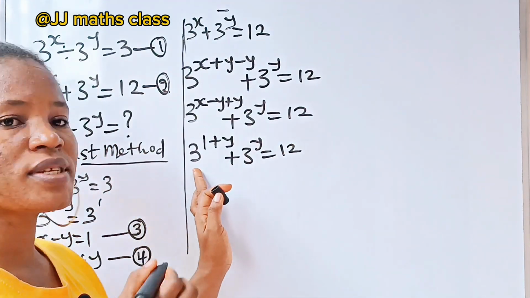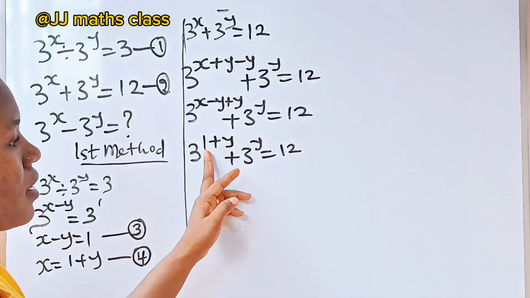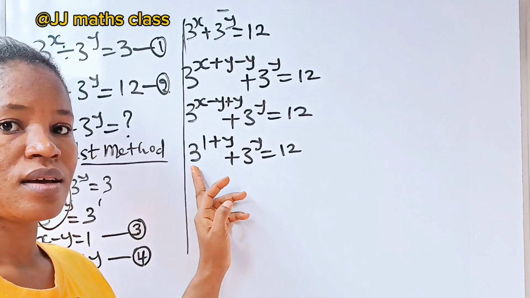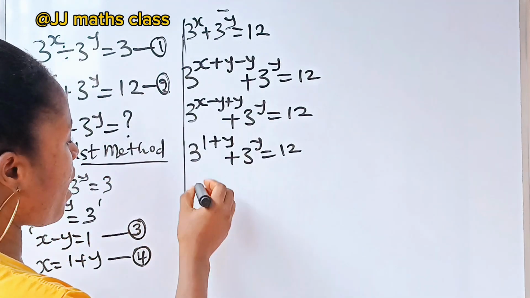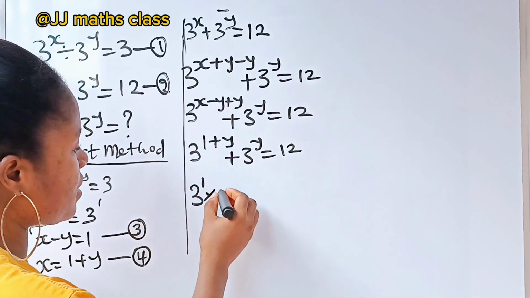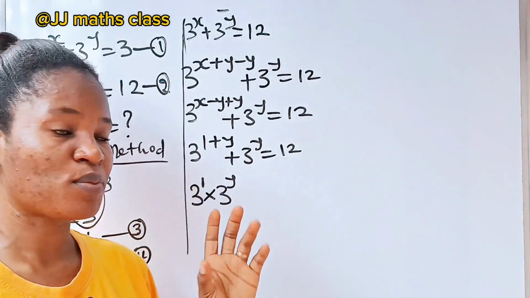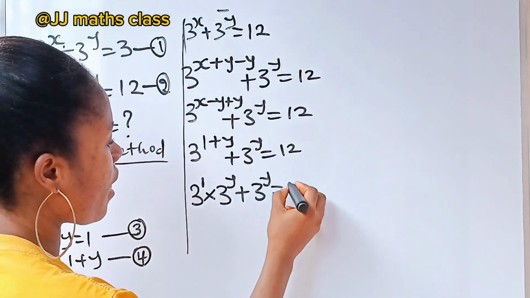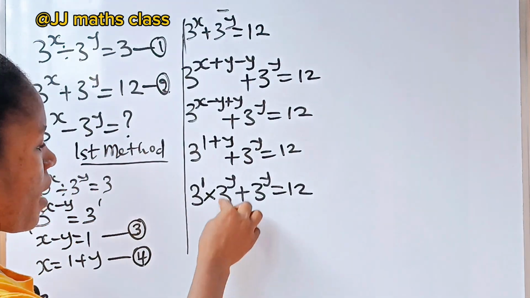All right, then using the law of indices that I explained earlier. When the indices are added together, that means the bases are multiplied, so we write it in this form. You have a base 3 raised to the power of 1 being multiplied by this base again raised to the power of y. I hope you understood me. Now plus 3 to the power of y is equal to 12. Now they have 3 to the power of y in common.